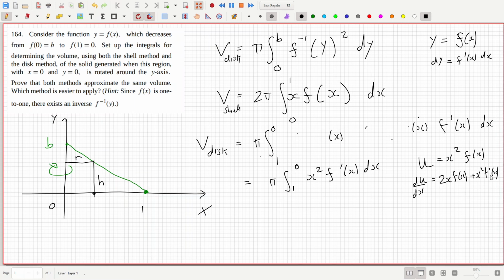So x squared f derivative of x dx would be, okay, so this one could be changed into pi, 1 to 0, du dx minus 2x f of x dx.